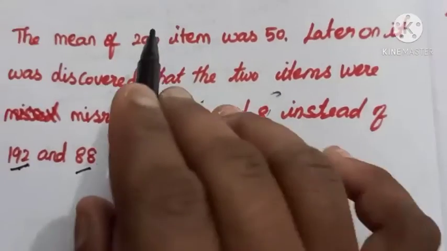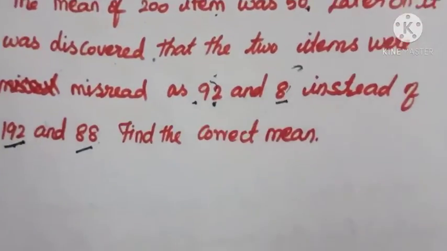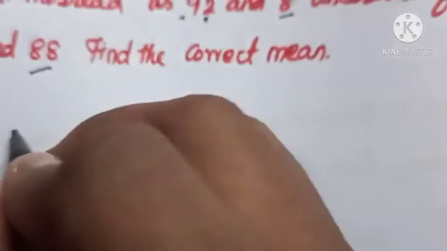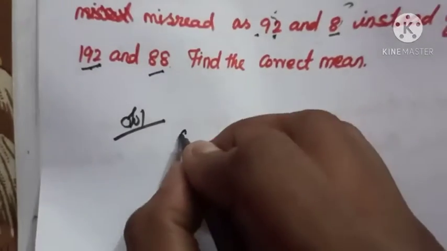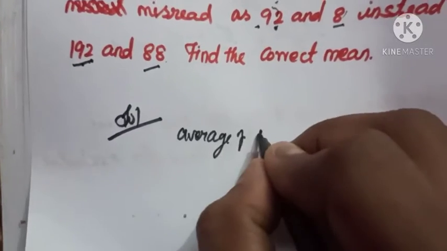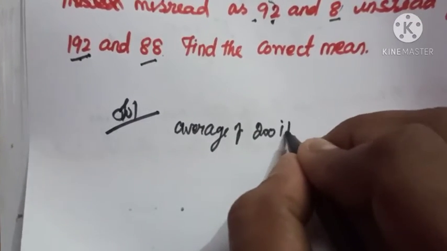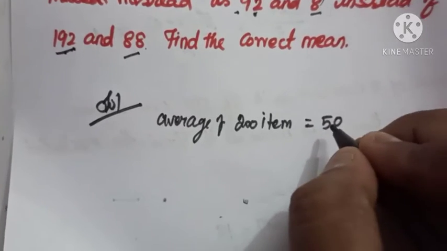First we need to take the average of the 200 items, which is given as 50. By the given condition, the average of 200 items is equal to 50.